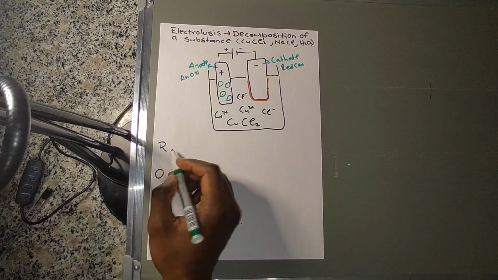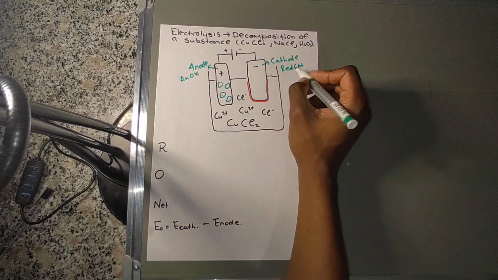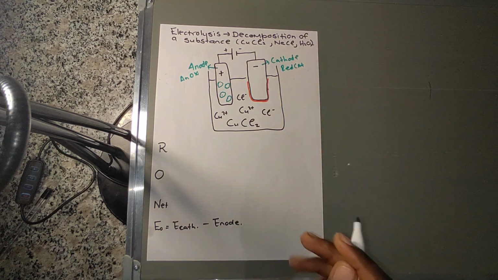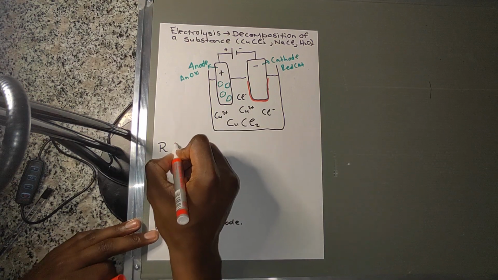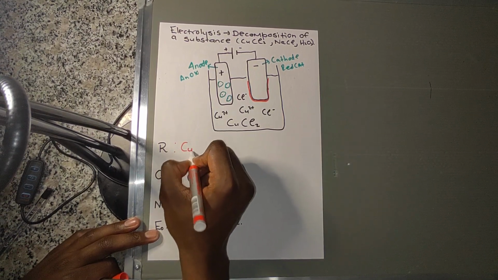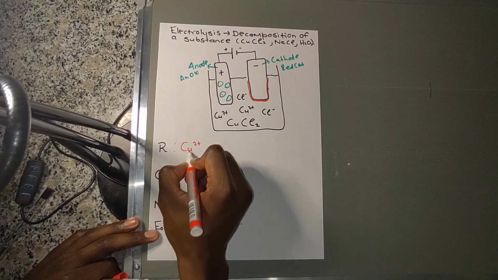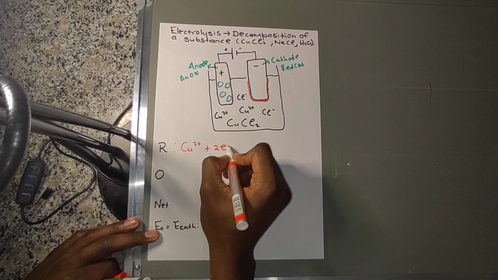So reduction is copper. Reduction is gain of electrons. How to represent a gain of electrons in this chapter? We write them on the left hand side. So for reduction, we said it's copper. So the copper ions are being reduced. The Cu2 plus is being reduced because we're adding 2 electrons.